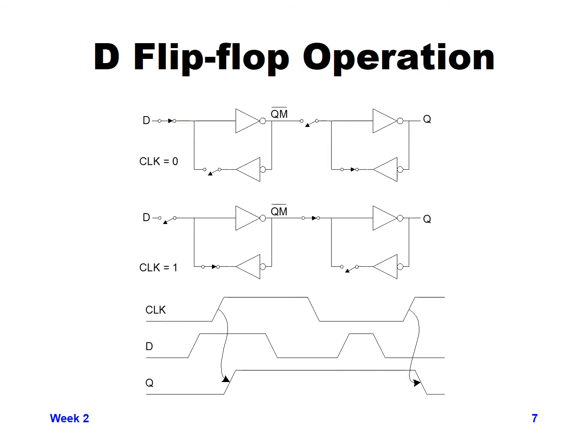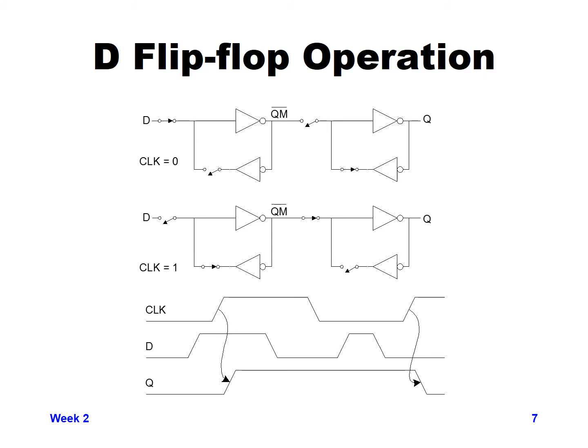So let's go through the D flip-flop operation a little more in a circuit diagram that might make the functionality easier to see. The main thing we're doing here is replacing the pass gates with switches, showing functionally how it works.